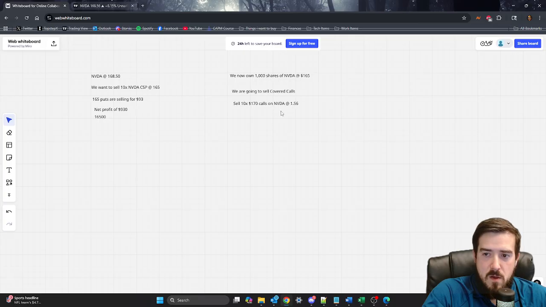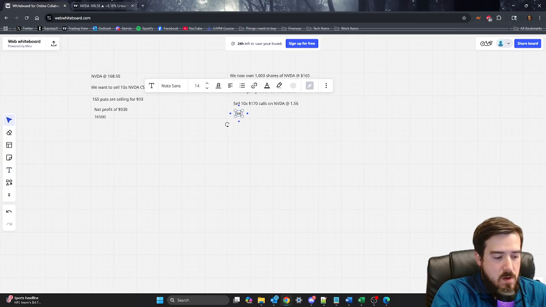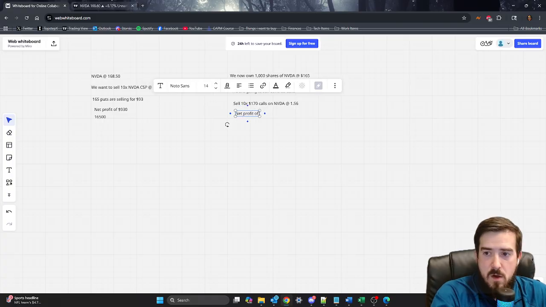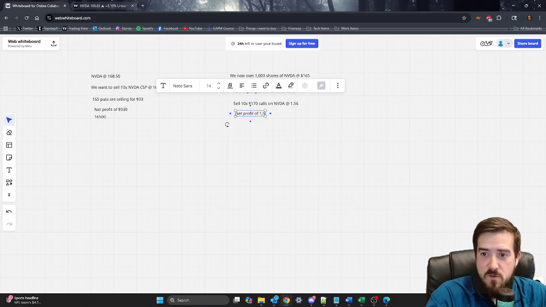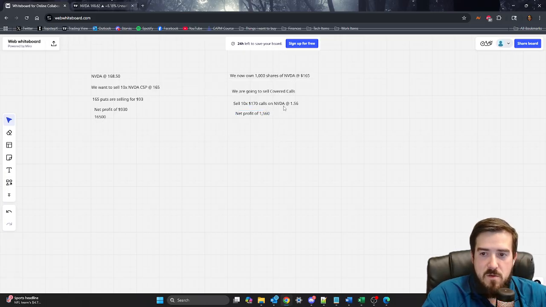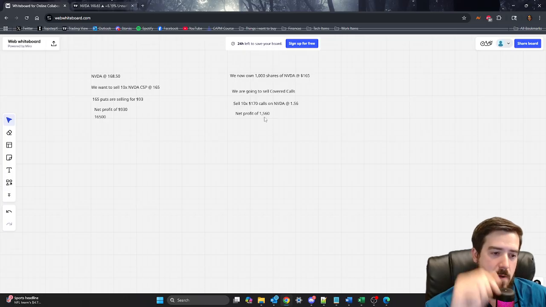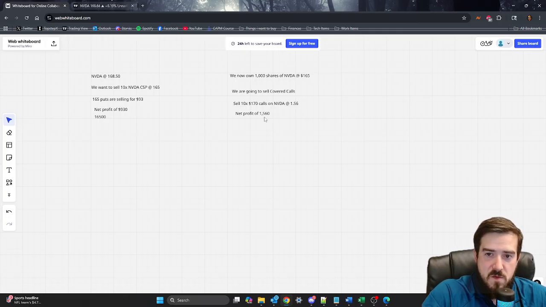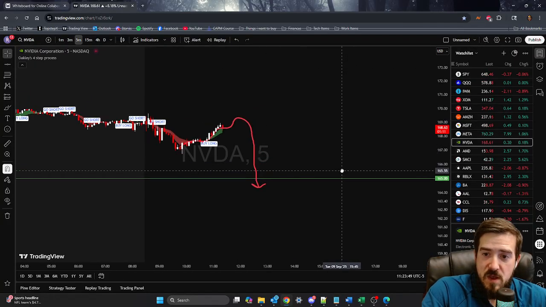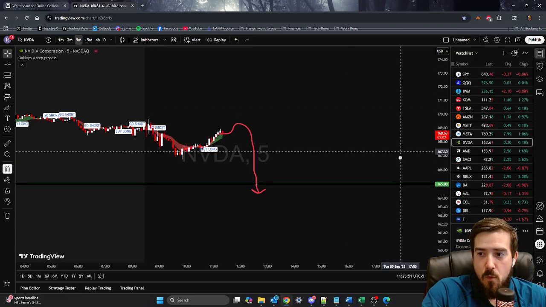So you're making that would net profit of $1,560. Okay, so the second you sell this position, this money is going into your account because someone paid you for those contracts, right? Now, you only have to give them those contracts if Nvidia goes above 170.